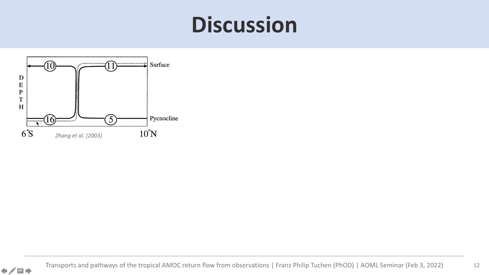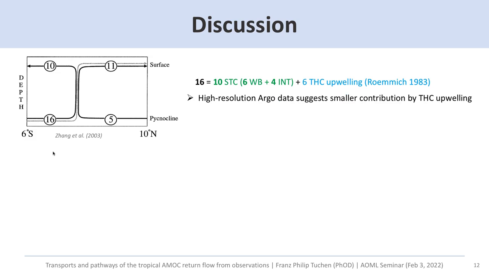And these 16 Sverdrups that you can see at this point here, what they did was they estimated 10 Sverdrups due to the STC, so 6 from the western boundary, 4 from the interior part, and then they added these 6 Sverdrups, which were mentioned by Römmich. So just because Römmich published these numbers, we are now basically questioning this upwelling estimate by Römmich.